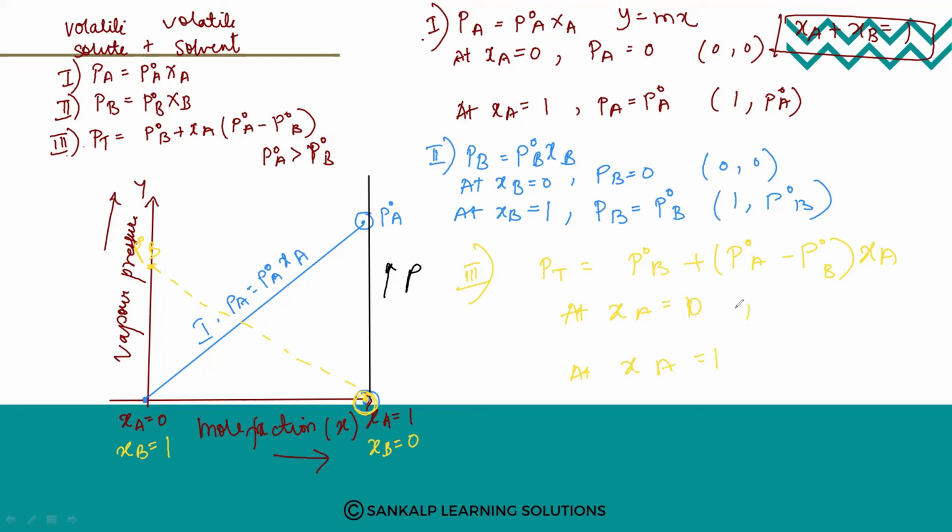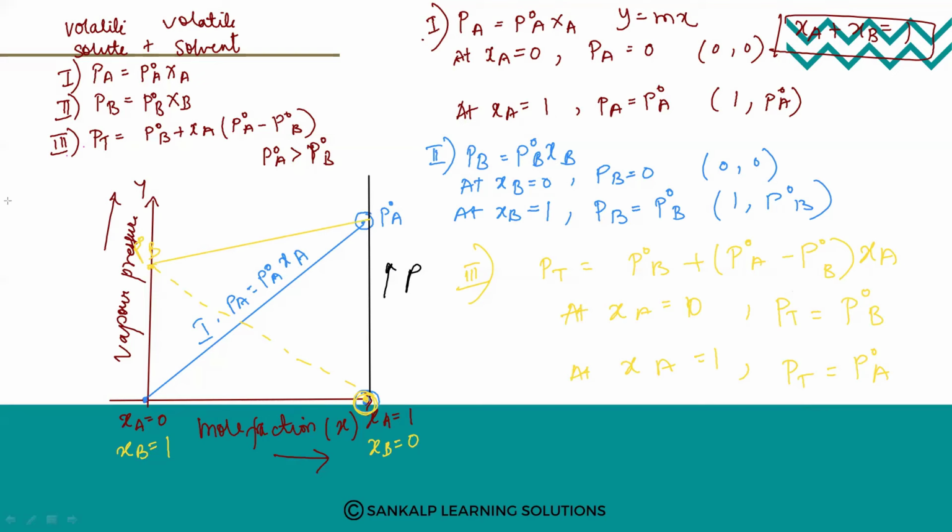When psi A is equals to 0, this term will become 0, so PT will be P naught B. At psi A is equals to 1, PT is equals to P naught A. So it will pass through this, and it will go as a straight line. So this is for the third one.